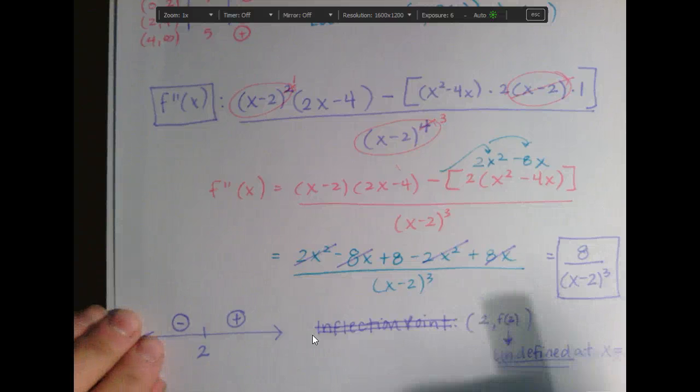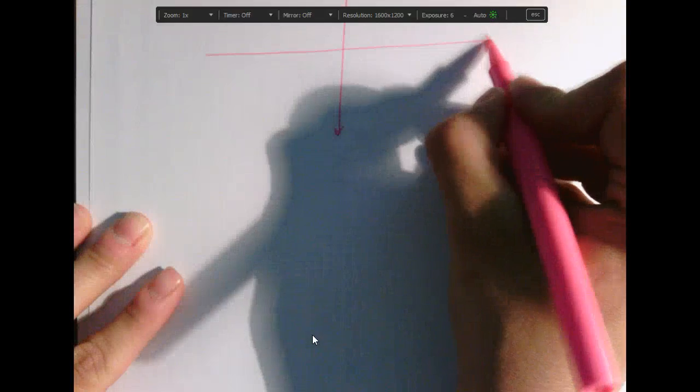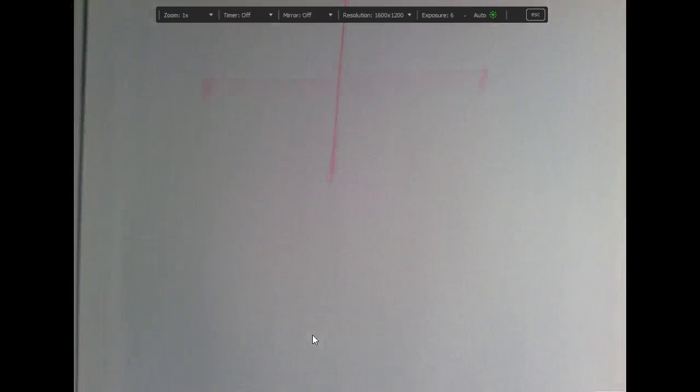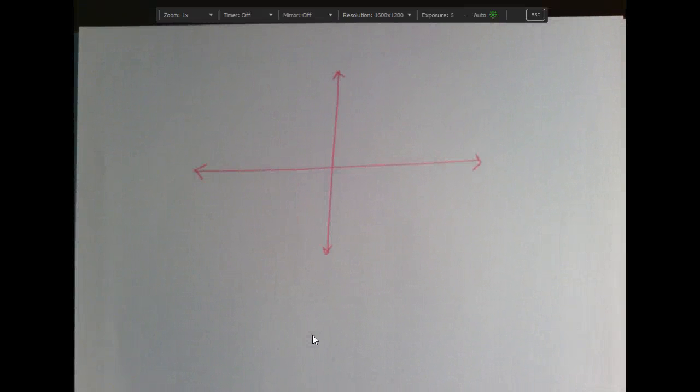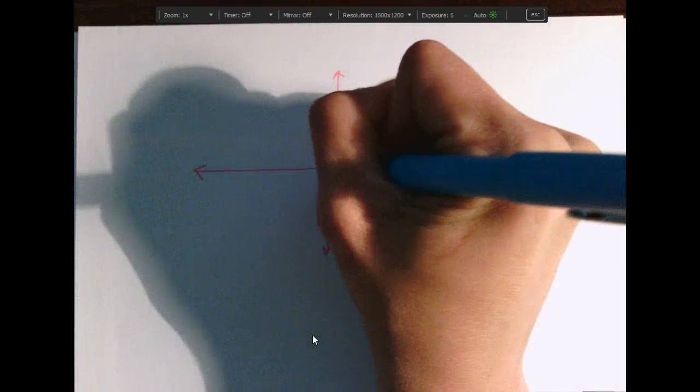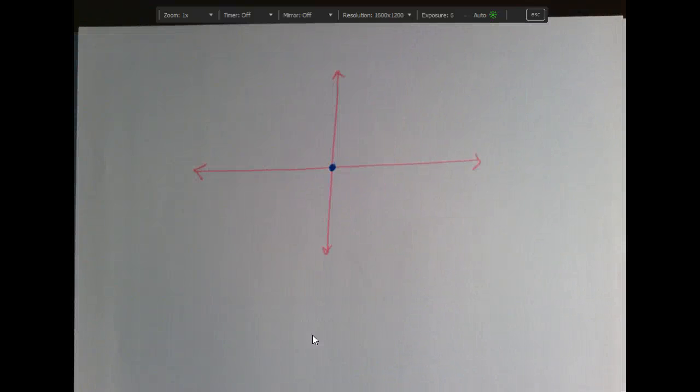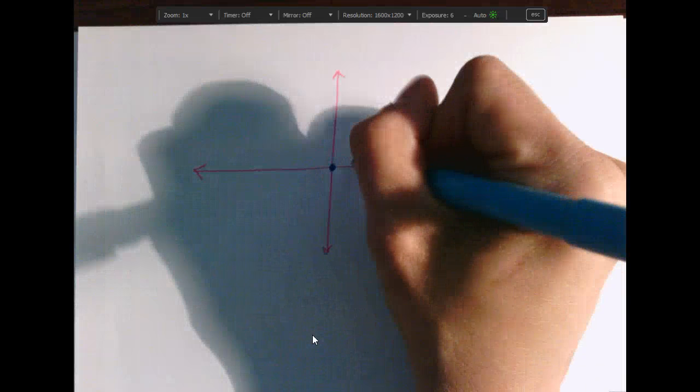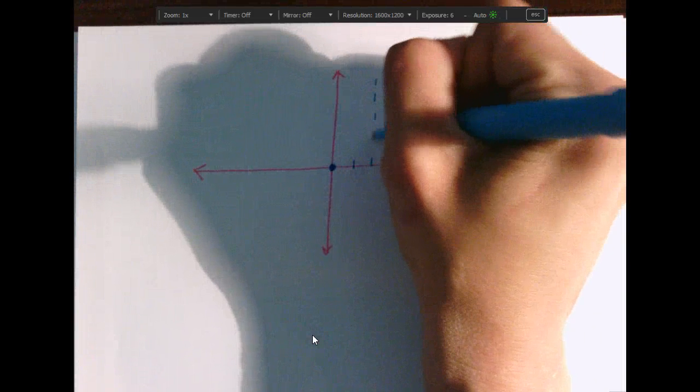Alright, let's put all of this stuff together to create a graph. So first thing I'm going to do on my graph is draw in any asymptotes and plot any points that we've discovered. So if I go back to my original information from f of x, I found out that I had an x-intercept and a y-intercept simultaneously at x equals 0. And I also have a vertical asymptote at x equals 2.